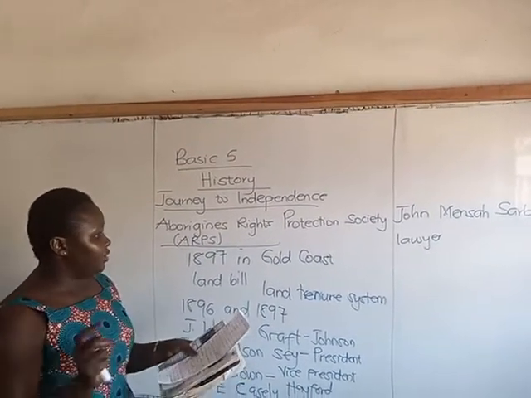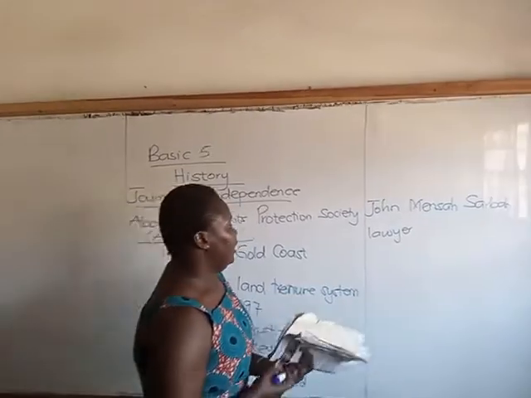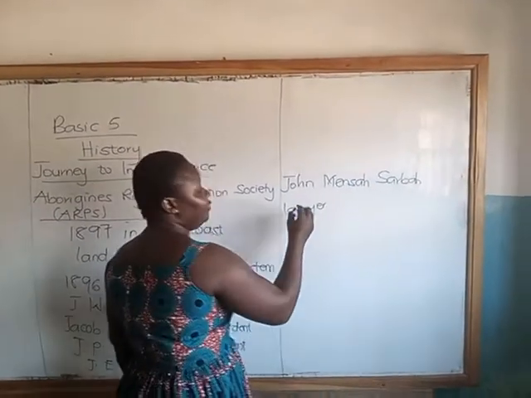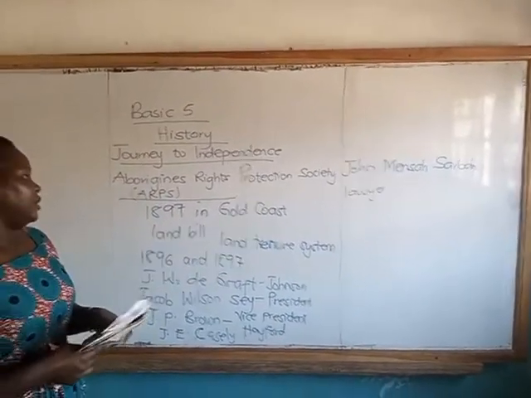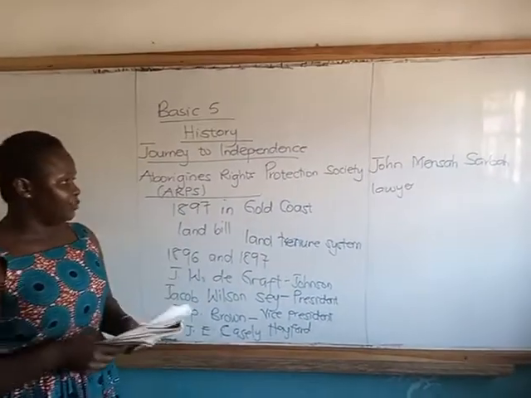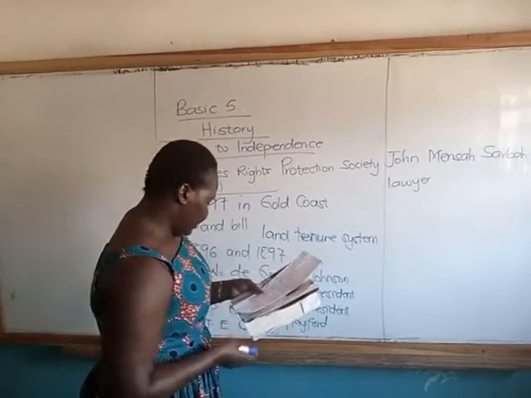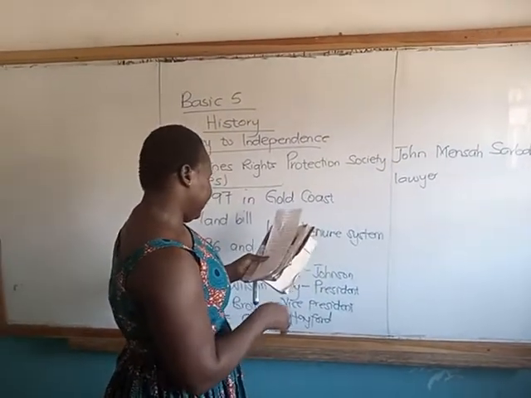And how did they do it? They did it by petitioning. They wrote a petition to the Gold Coast government, the British government in the Gold Coast, against the land bill.